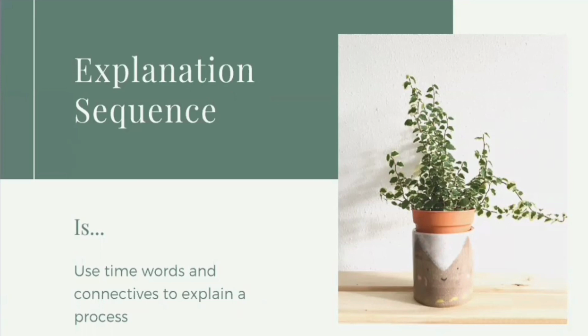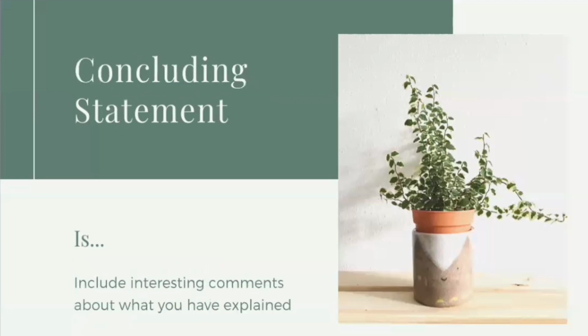How something works means what it is used for, what each part does, how the parts work together, and how to use it. Why something happens means how and why it started, what happened next, and finally. That is the explanation sequence.